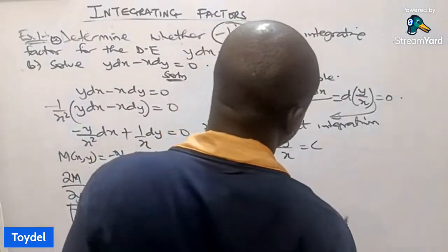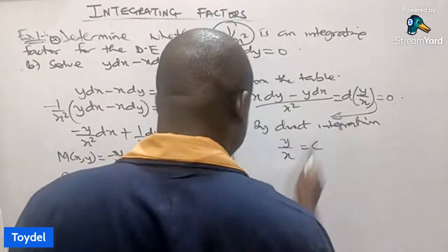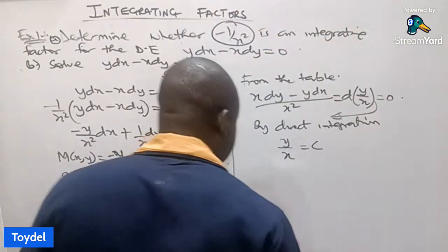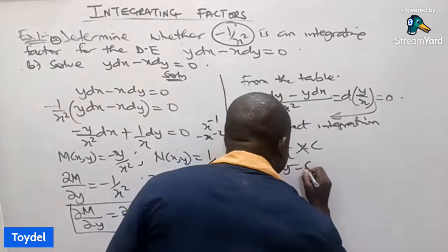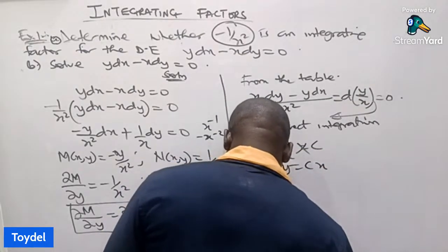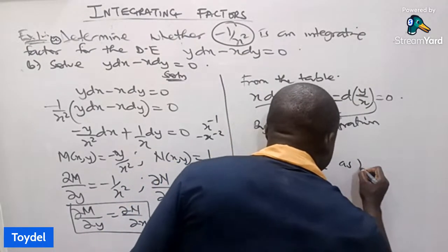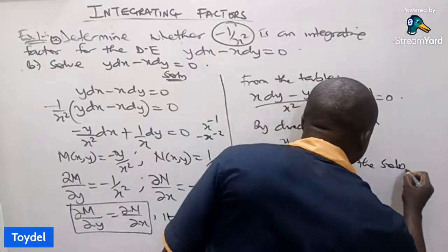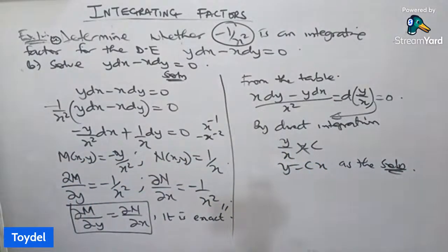Integration of zero will give us a constant. Then if you cross multiply, y will be equal to cx. This is what we are going to get as the solution.